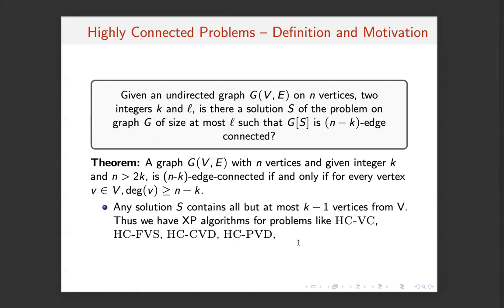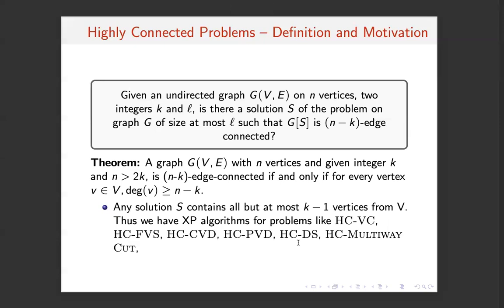The same holds for all these problems and their highly connected versions. For highly connected dominating set, given a graph and integers k and l, we want to find a solution S such that every other vertex in the remaining graph is adjacent to at least one vertex in S, and G induced on S is n minus k edge connected.